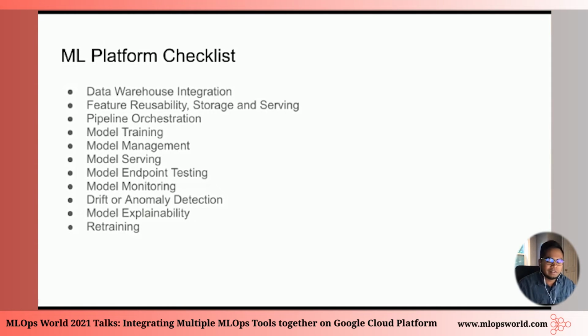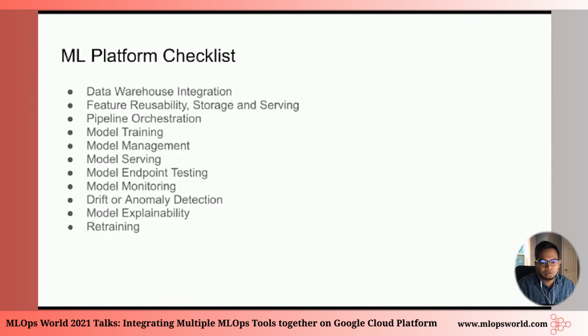And after that, when we are dealing with the model, we need to serve and deploy our model so it can be used by consumers. We also want to test our models using some sort of tool, so it's easily testable. We also want to monitor our models in production, how they are performing, or if there is a drift or any issue with the model, and we want to look at it or retrain the model.